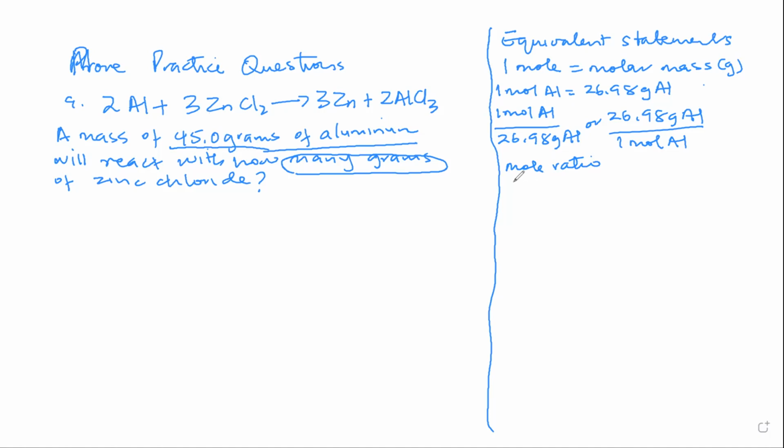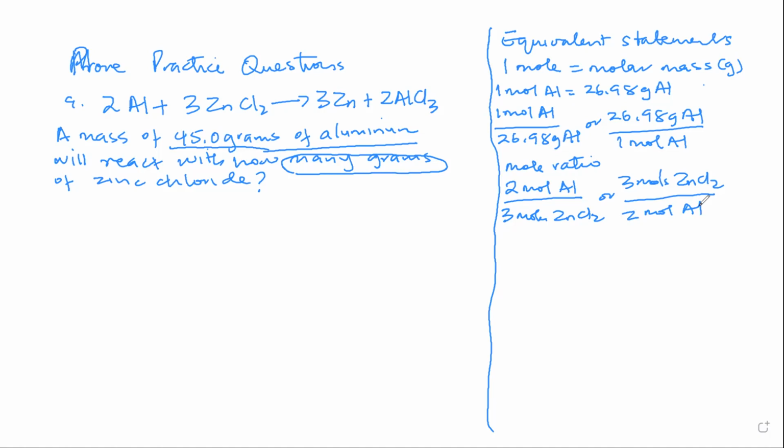So 2 moles of aluminum all over 3 moles of zinc chloride, or 3 moles of zinc chloride all over 2 moles of aluminum. Then this will get us to moles of zinc chloride.